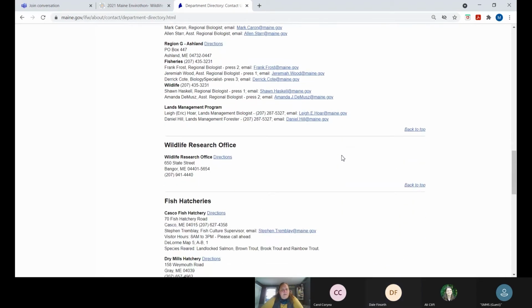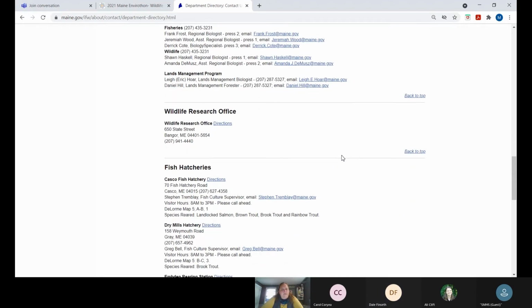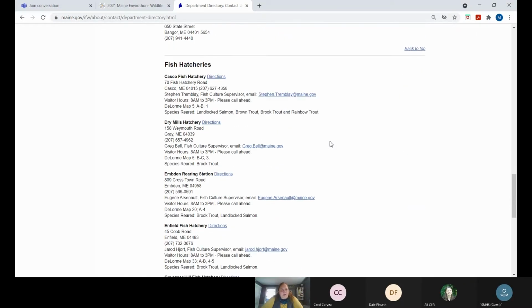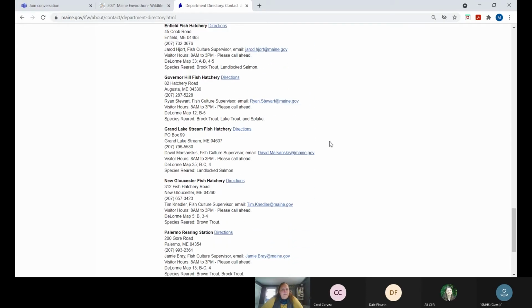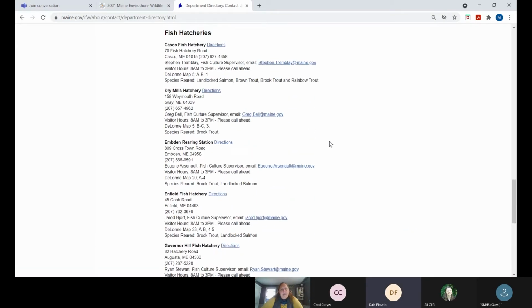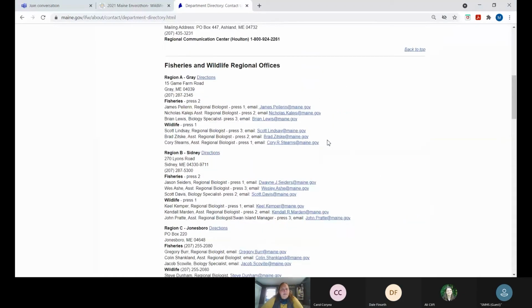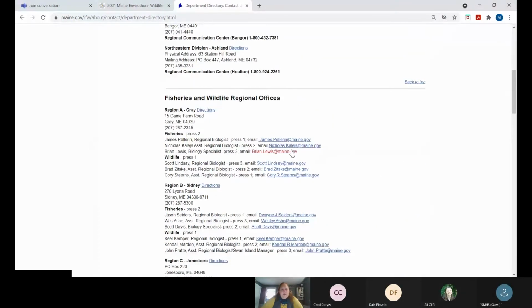And then the Wildlife Research Office is out of Bangor, but there's quite a few biologists working out of that program. And then the fish hatchery folks are listed. So it's right there. Yeah, good question. And all their email addresses are right there. I think right now a lot of the wildlife biologists have been out doing vernal pool surveys, so I would email, because a lot of those guys are out in the field right now.